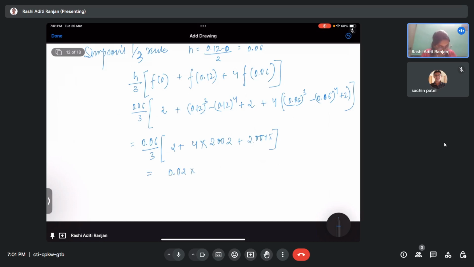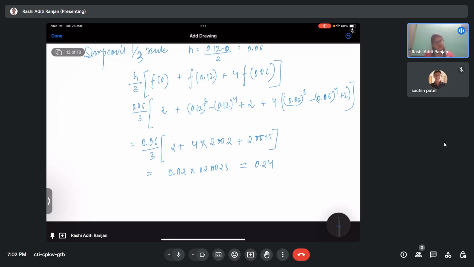This would come out to be 0.24. Okay, I have already done these calculations because there was no point doing the calculation in the middle of the class. It would just take time. So you can also recheck the calculations if you have any doubt.